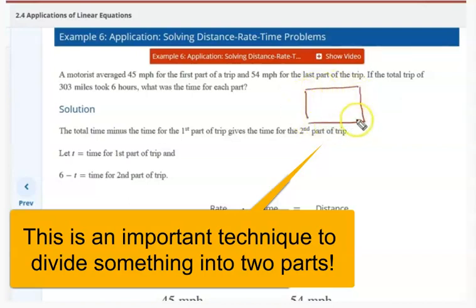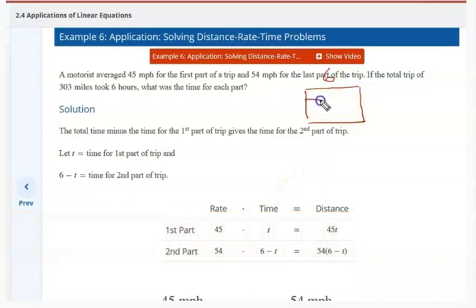Now, this box is going to stand for 6 hours. We want to divide this 6 hours into 2 parts. And this is the beauty of algebra. So I draw like a little line. Now, do I know how much each part is? No. But I'm going to say let this first part here be t hours.